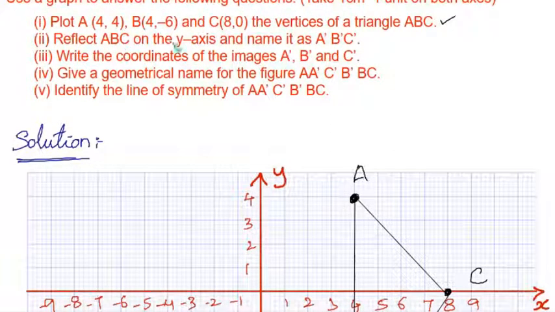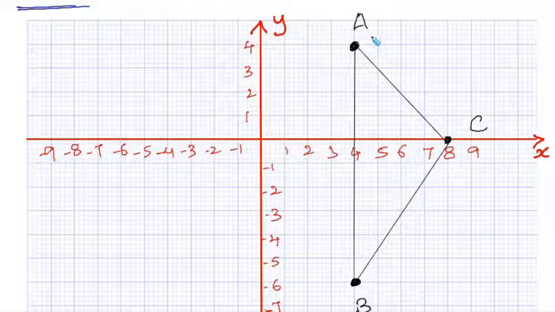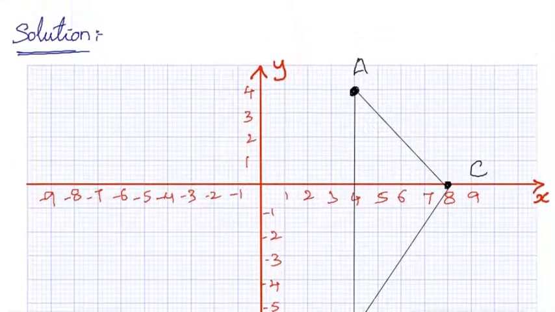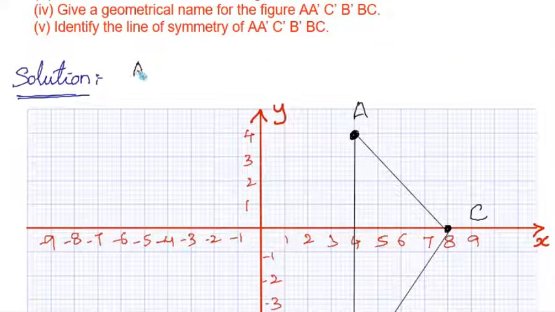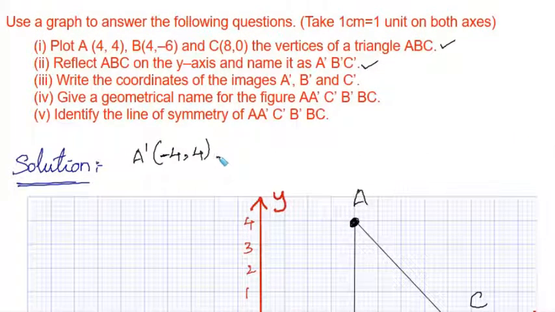So now reflect ABC on y-axis and name the vertices as A dash, B dash and C dash. So if we reflect on y-axis, if x comma y is the original point, minus x comma y will be the reflected point.